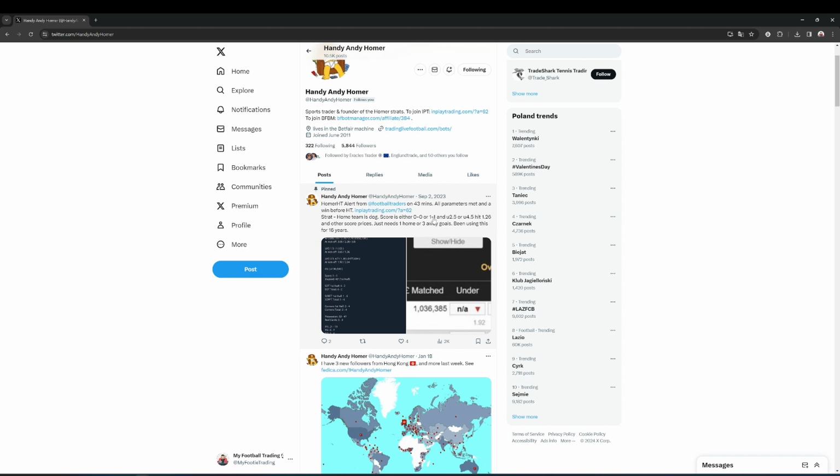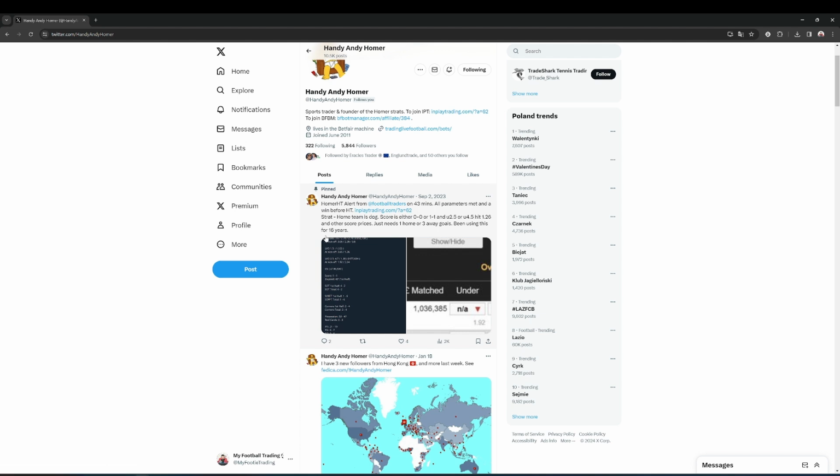The first market that you enter is the correct score market, and the other one is the goals market, and it depends on whether it's 0-0 at halftime or 1-1. If it's 0-0, then you enter the under/over 2.5 goals market, and if it's 1-1, you enter the under/over 4.5 goals market. And your target is 1.26 odds.